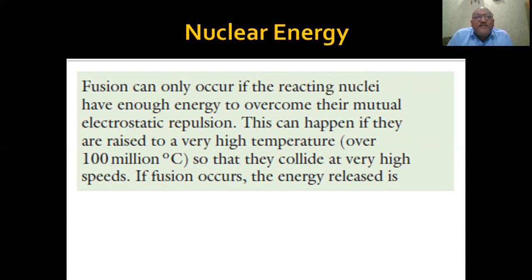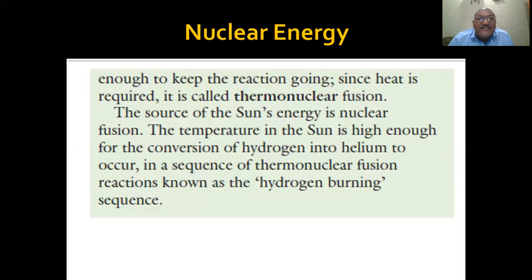This can happen if they are raised to a very high temperature, over 100 million degrees centigrade, so that they collide at very high speeds. If fusion occurs, the energy released is enough to keep the reaction going. Since heat is required, it is called thermonuclear fusion.